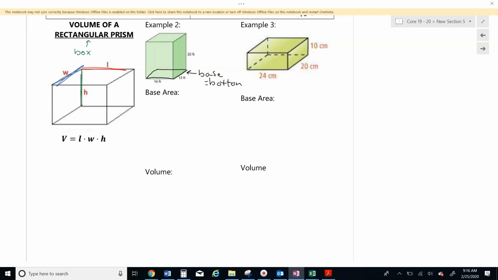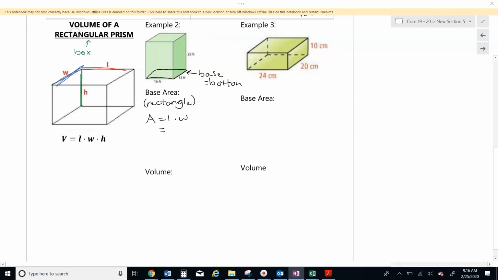Okay. So the bottom of this is a rectangle. So I'm going to use area equals length times width.